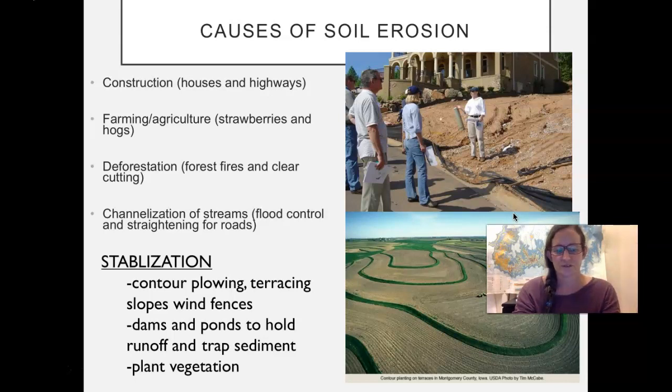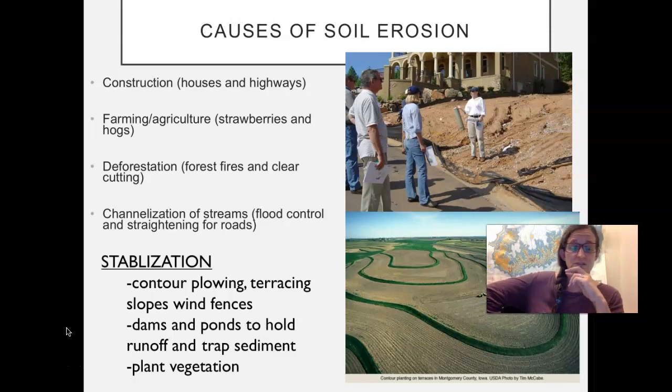There's also deforestation, which could be human-induced or not. Forest fires happen naturally all the time, or maybe it's from clear cutting. And then channelization of streams. So any kind of flood control measures could lead to soil erosion. How do we stabilize that? Contour plowing is one. These swoops here are like contour lines along the topography of that hill slope.